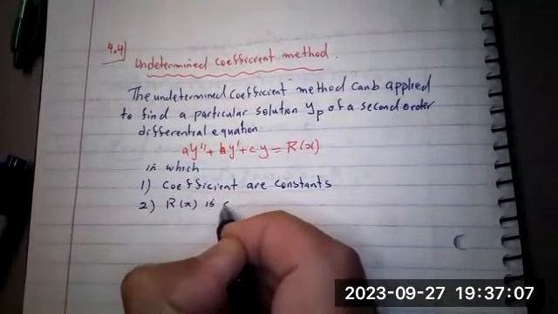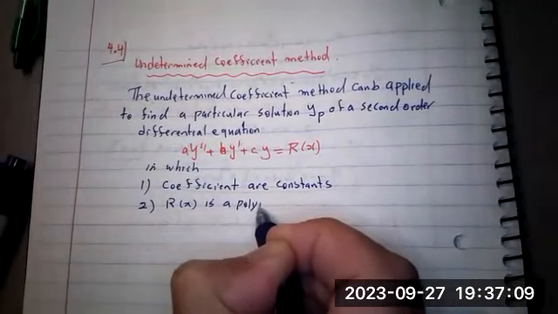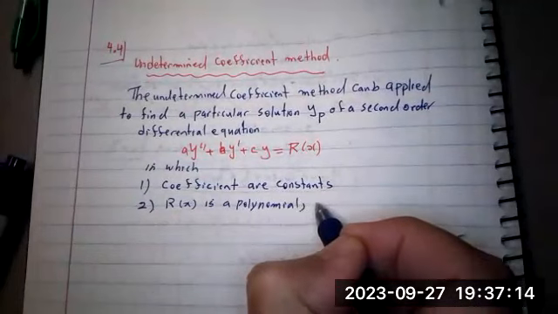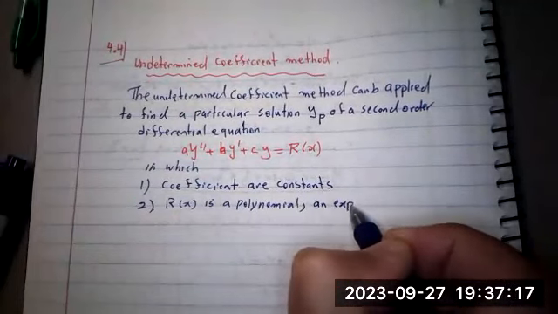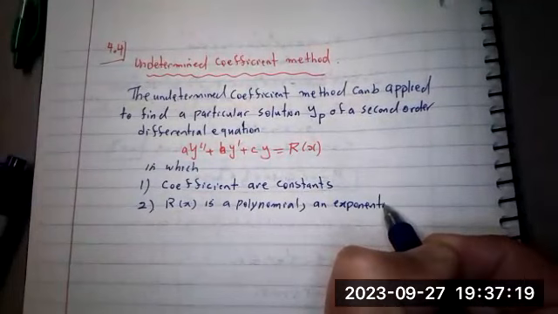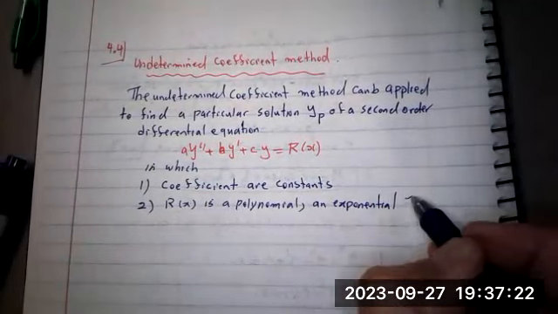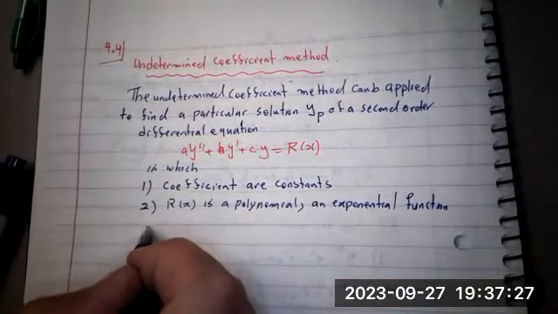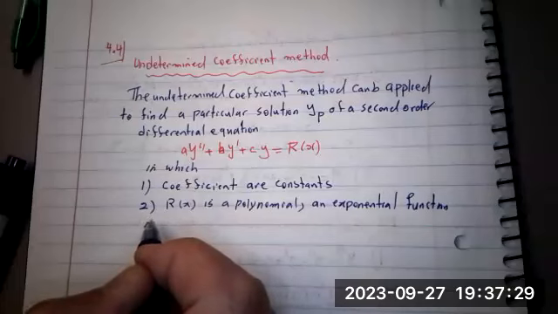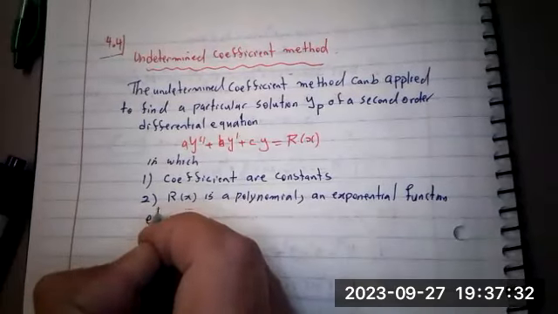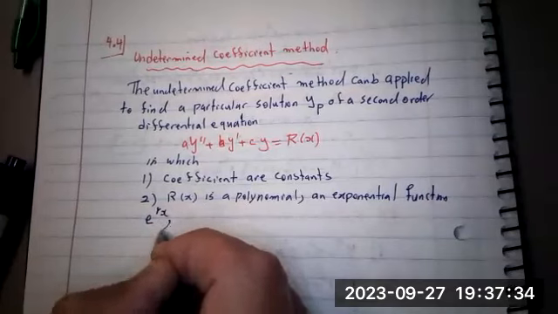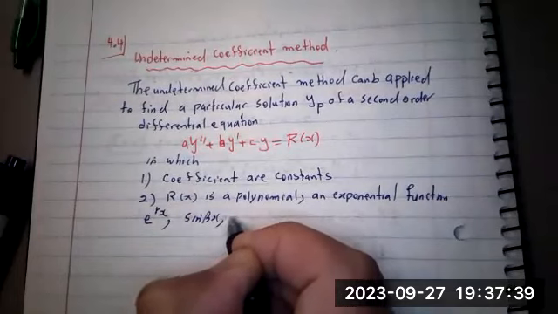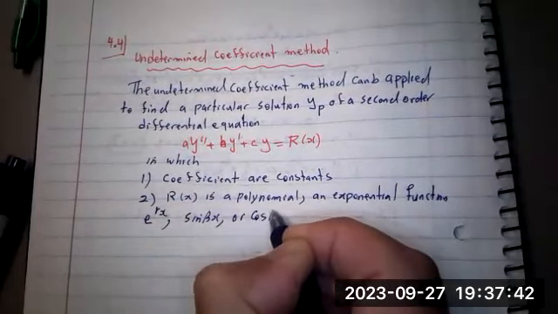R of x is going to be a polynomial, an exponential function of the form e to the alpha x, sine function, sine of beta x, or cosine function, or cosine of beta x.